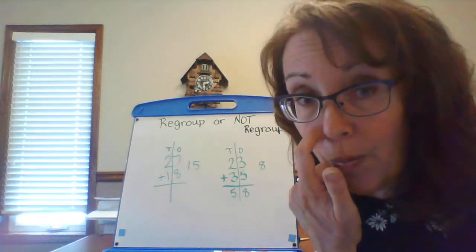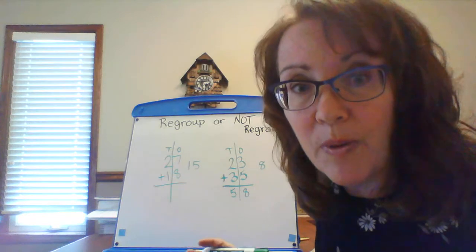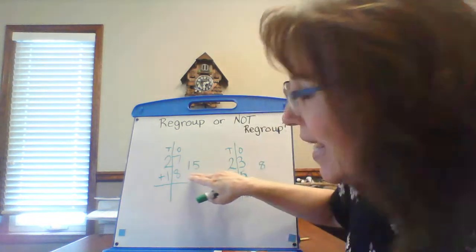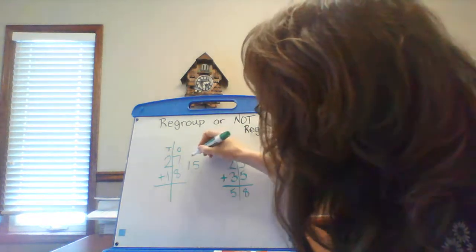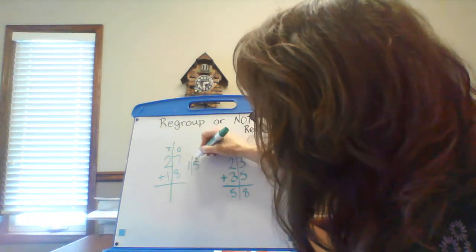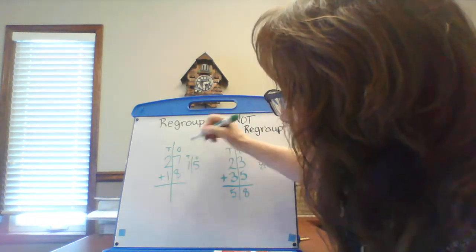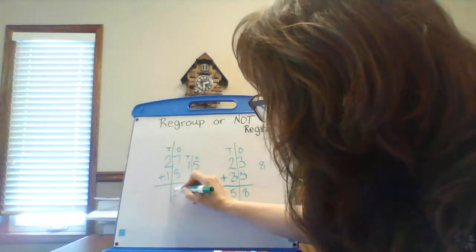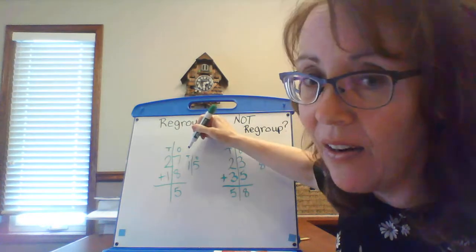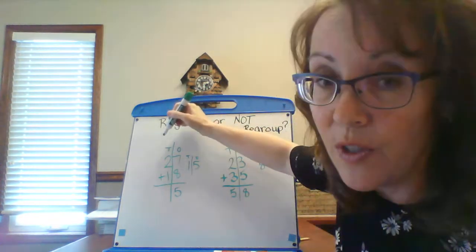When we regroup, we need to move a group of 10. Is there a group of 10 in 15? Yes, there is. Let's split it and we can see. Here's my ones place, here's my tens place. My 5 ones goes right into the ones place. But my group of 10 needs to move over to the tens place.